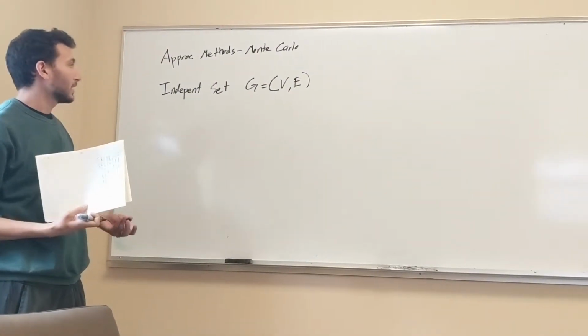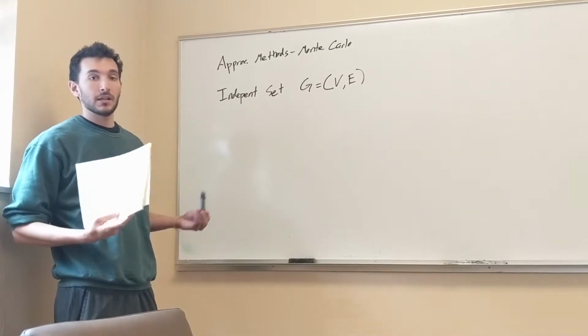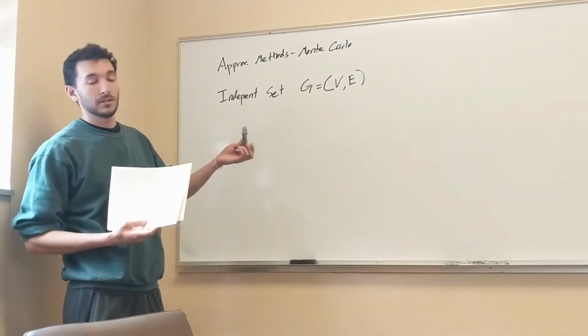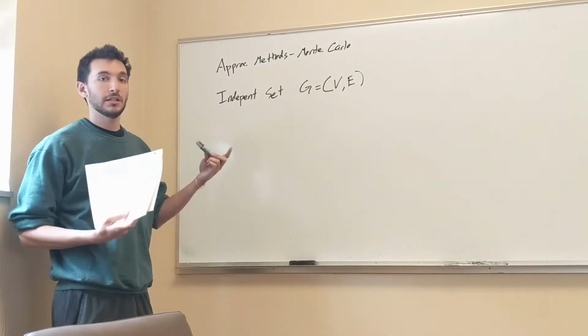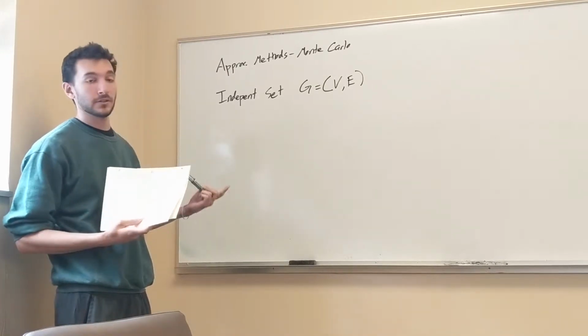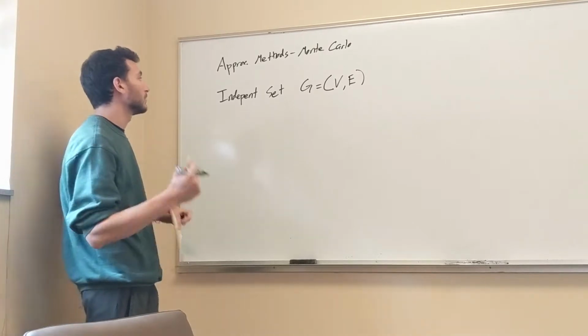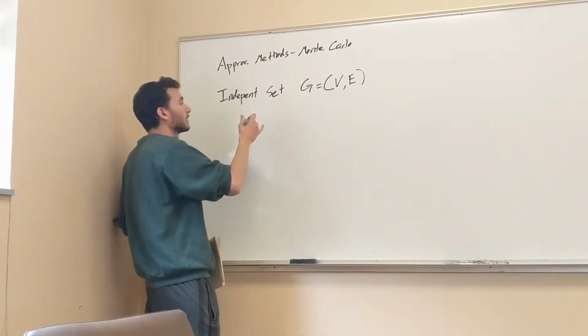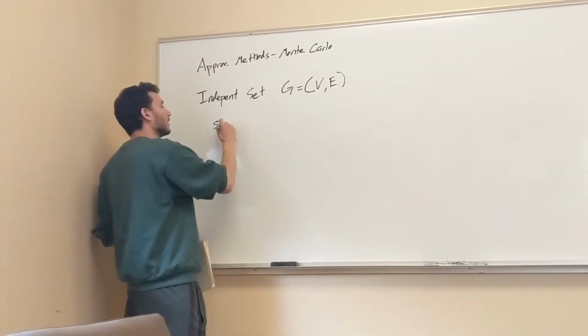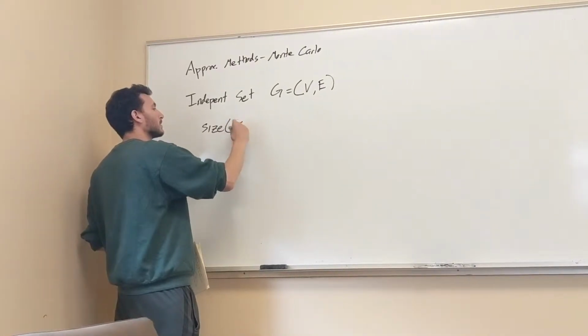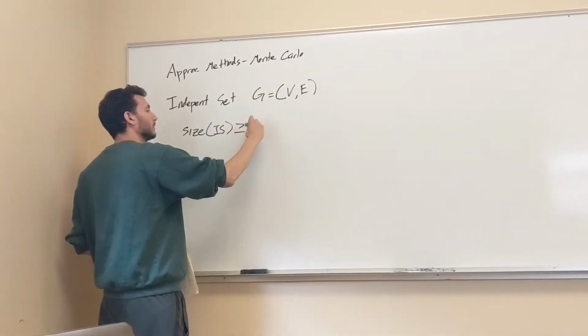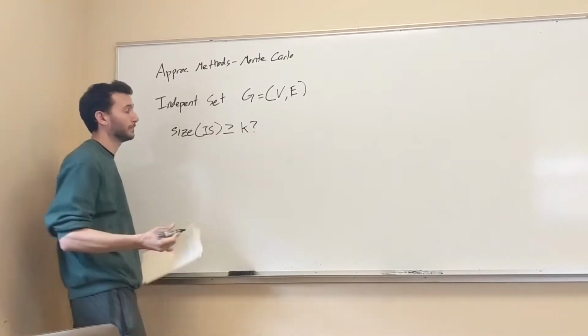The independent set is a subset of vertices from V such that there is no edge in E connecting any of those vertices in the subset. The decision version of this problem asks, is there an independent set of size greater than or equal to some number K?